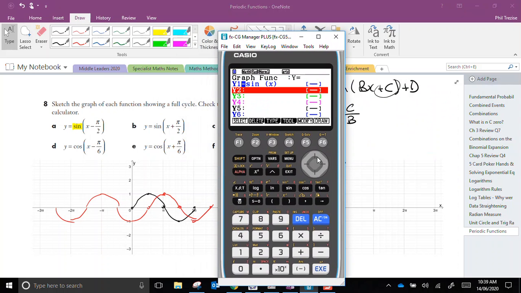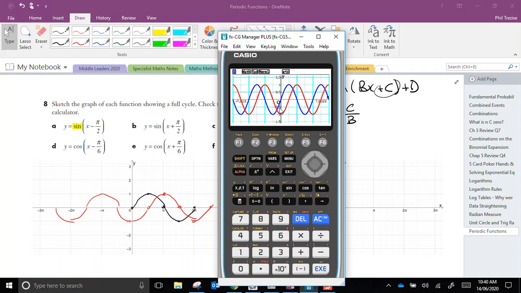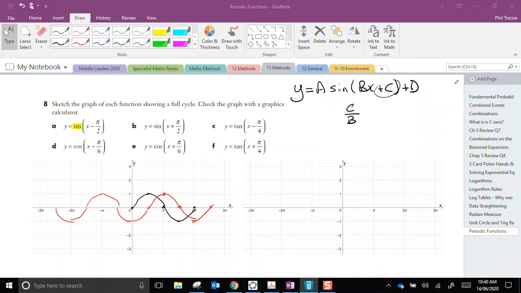Now I'll just pop back and I'll graph sine of x take pi over 2. Being careful that my calculator is set to radians here. And there it is. The red graph represents our transformed graph that we just saw. Isn't that lovely? Let's try one more.